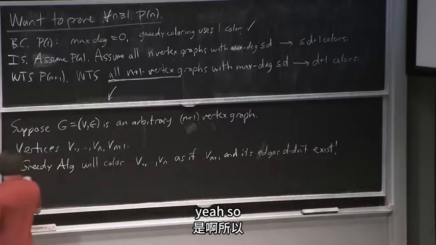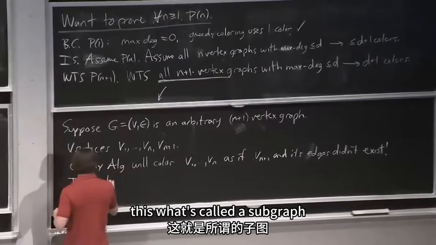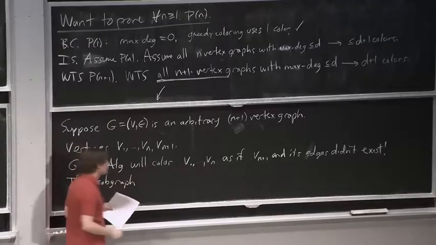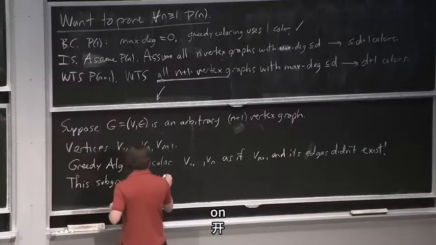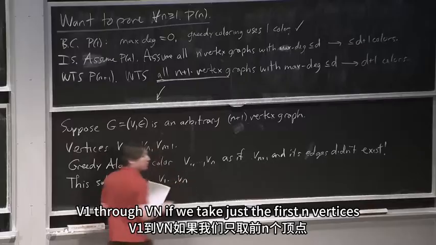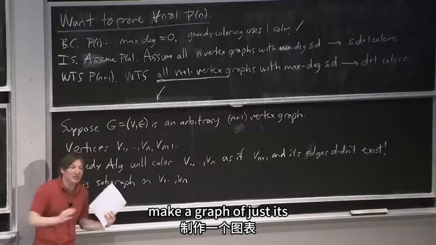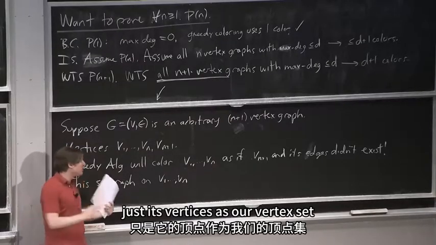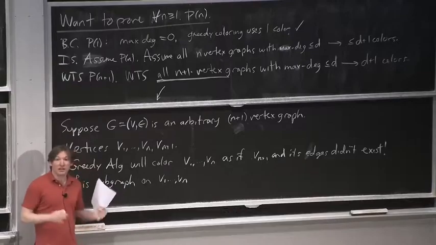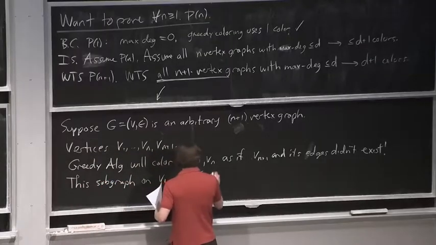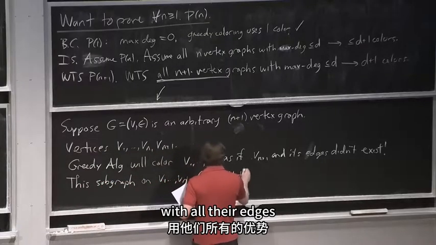Yeah? So this, what's called a subgraph, on v1 through vn, if we take just the first n vertices, make a subgraph of just its vertices as our vertex set, and the edges between them as our edge set, with all their edges.